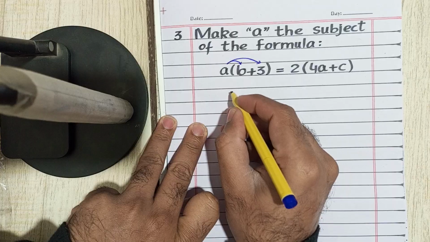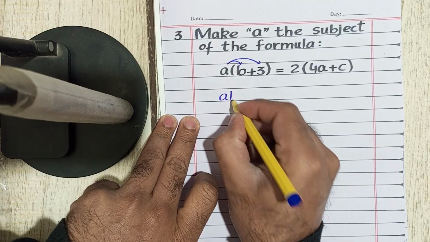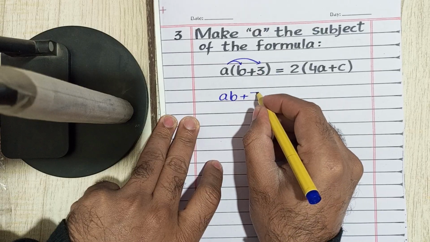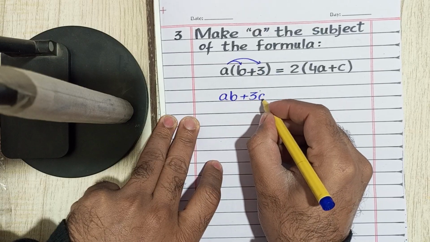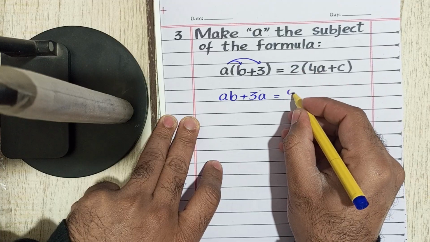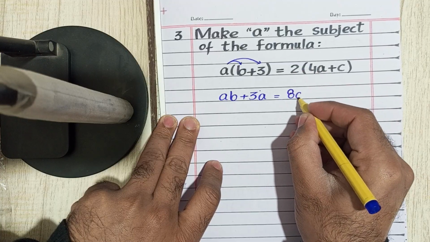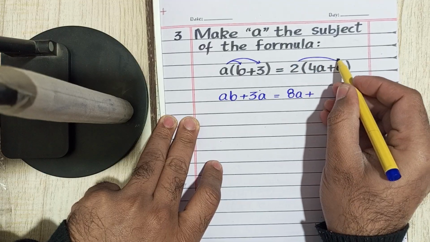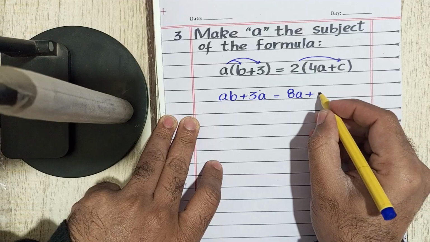So now we have ab plus a multiplied with 3, so we have 3a, equal to, now we multiply 2 with 4a, so we have 8a, and 2 multiplied with this c, so we have 2c.